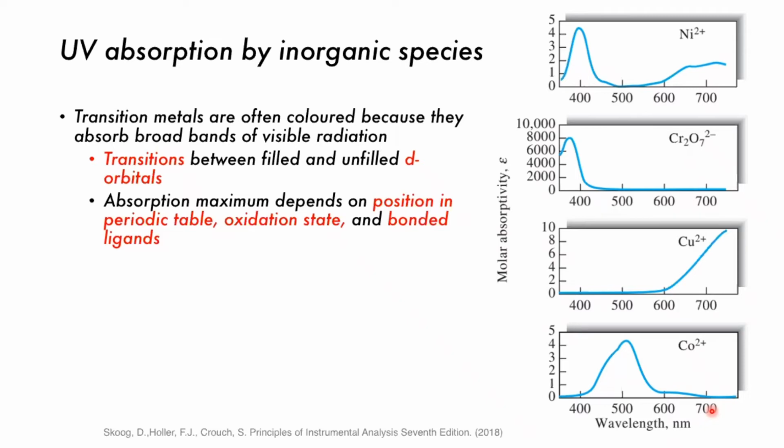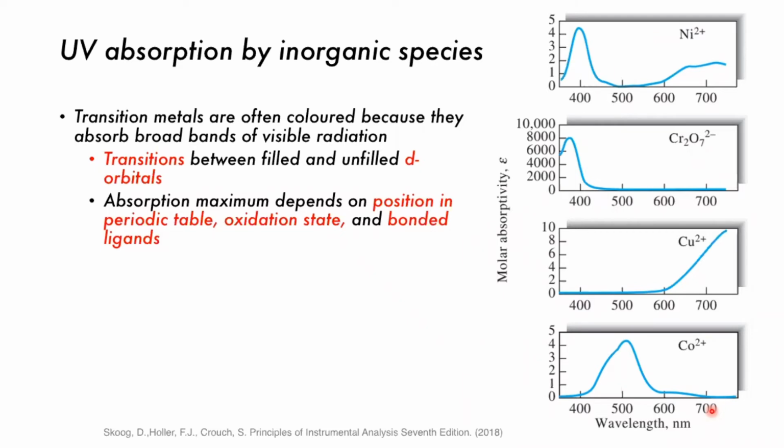These are all because of the energy gaps between the HOMO and the LUMO of the different metal ions involved. Transition metals are often colored because they absorb broad bands of visible radiation. Transitions between filled and unfilled d orbitals are the cause of this. So these are our HOMO and LUMO within the system.